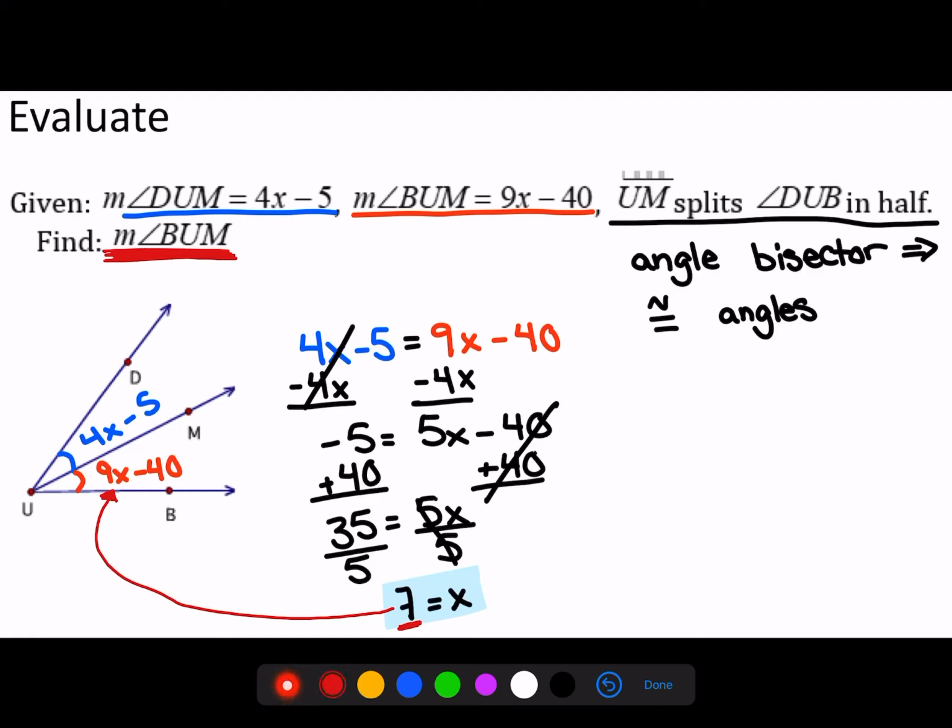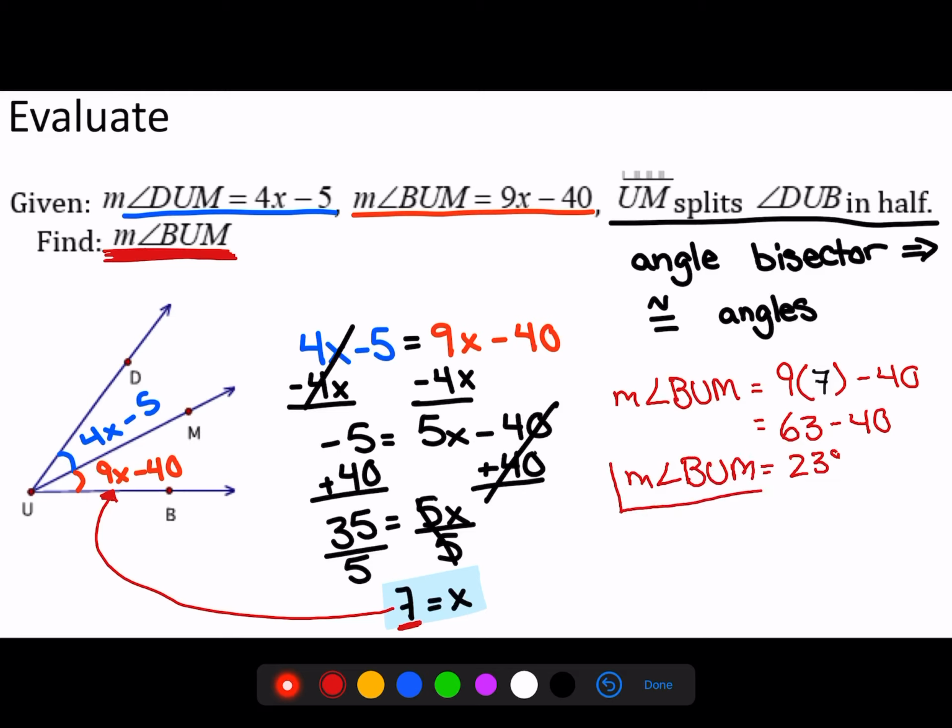So we're now left with the measure of angle BUM is equal to 9 times 7 minus 40. This will give me 63 minus 40, which is equal to 23 degrees. So the measure of angle BUM is 23.